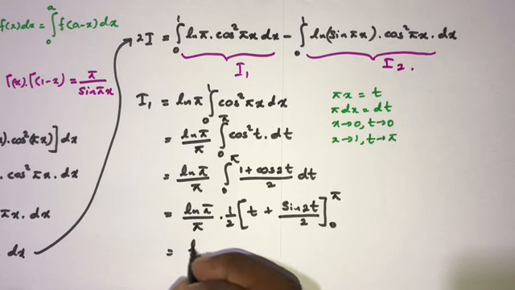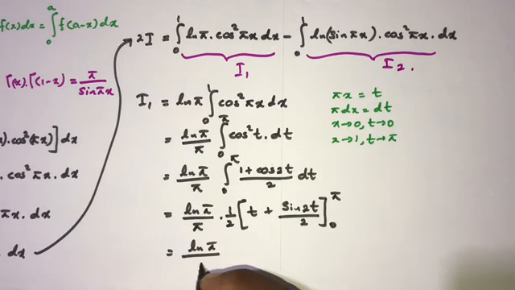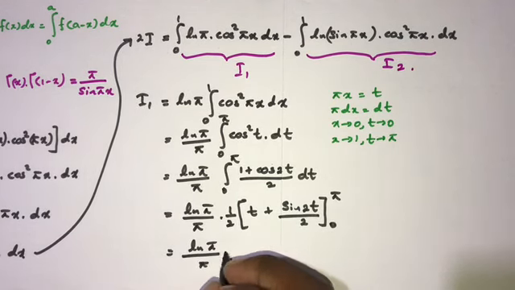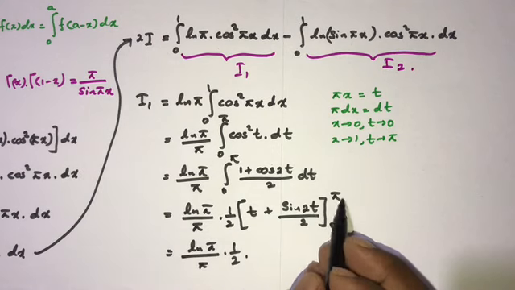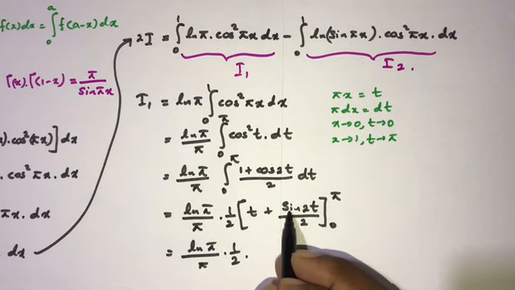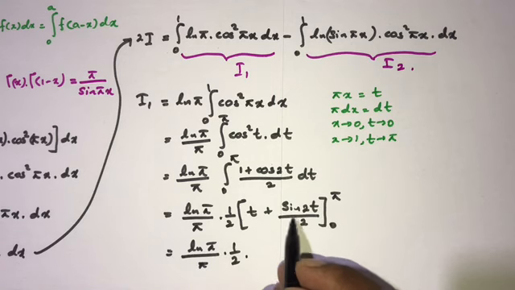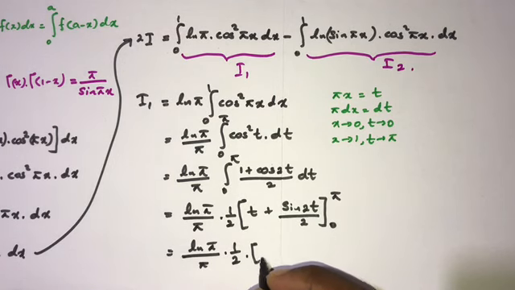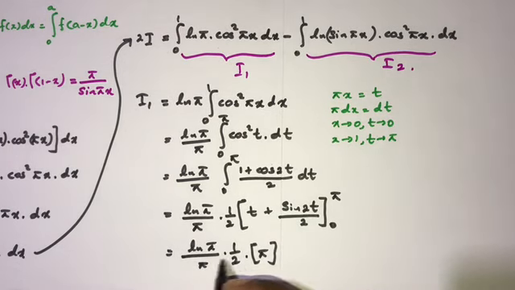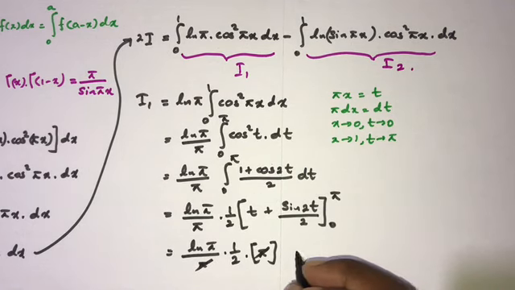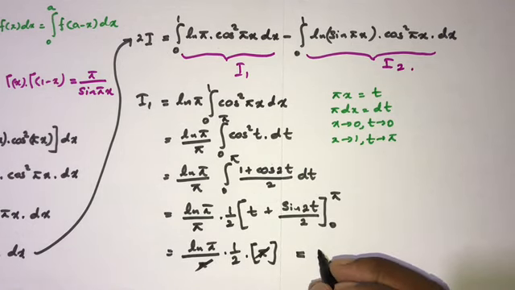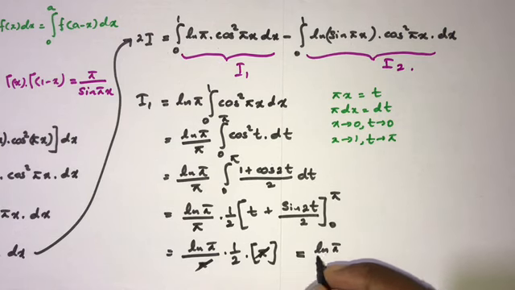So natural log of pi over pi times 1 over 2, and if we plug in pi, the sine term is 0, and if we plug in 0 it is also 0, so we only have pi. Now pi gets cancelled, so this is equal to natural log of pi over 2.